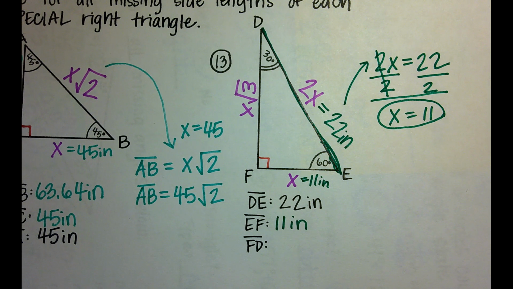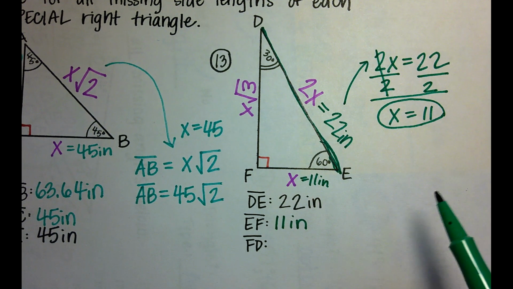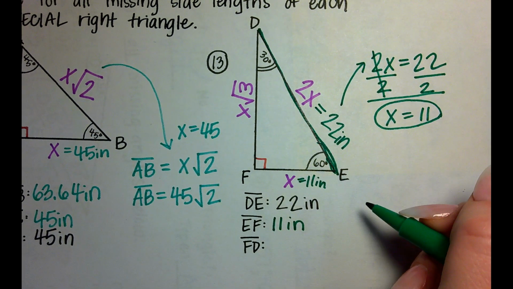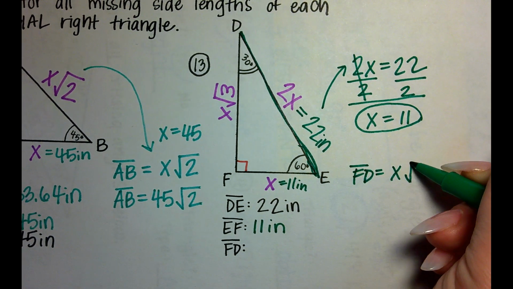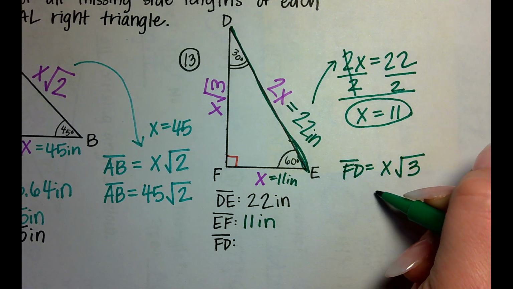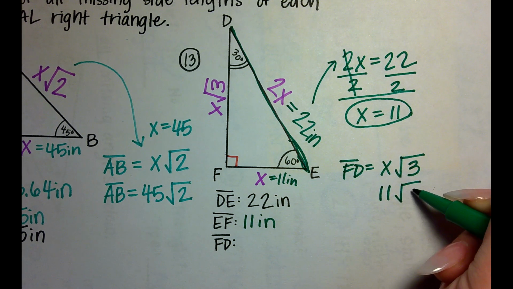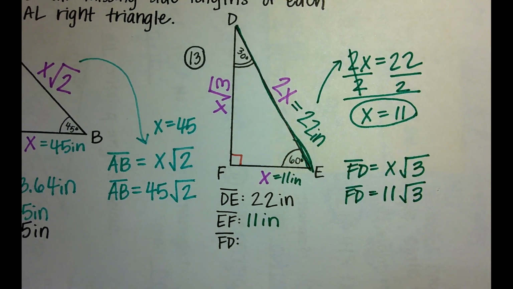But now we can solve for FD. I guess we could have done it before, we just hadn't typed it in yet. How do I solve for FD? Replace the x with the 11. Yes, so I have FD equals x radical 3, and we're just going to replace x with 11, and type it in our calculator.